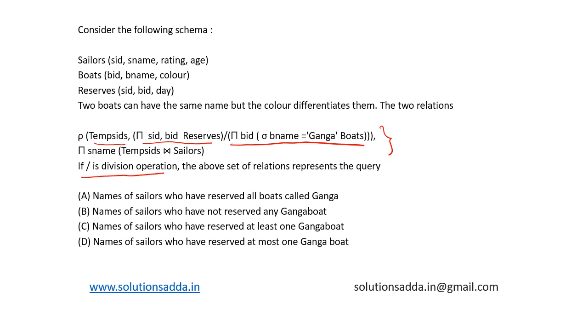Temp SIDs gives out SID and BID of all who have reserved all boats called Ganga, and projection of S name will return sailor names who have reserved all boats called Ganga. Let's see which are the following options. Option A, name of sailors who have reserved all boats called Ganga. Yes, based on the options, option A is the correct answer here.